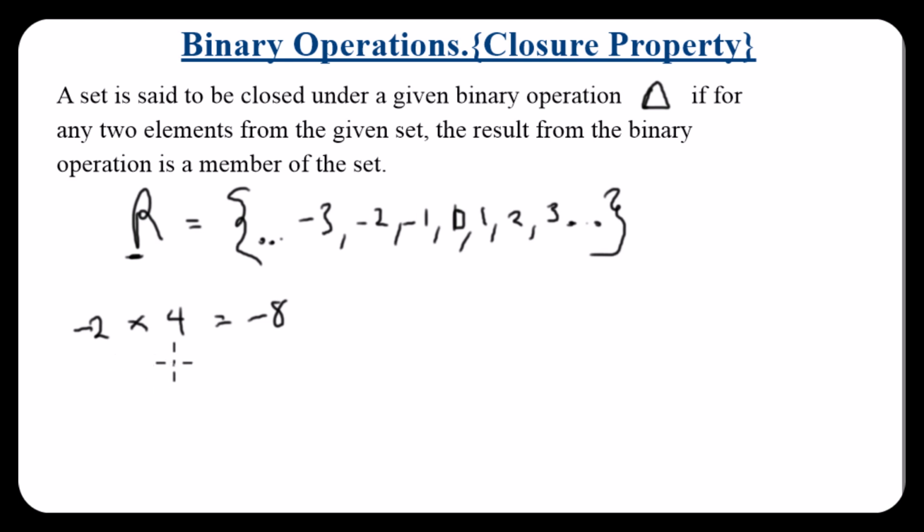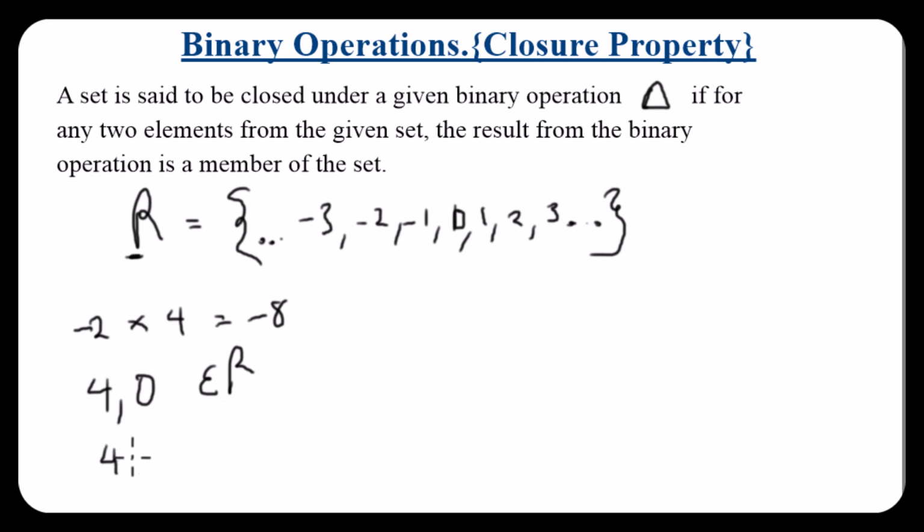All right, so what about division? For division, the set R won't be closed because there are some values for which R won't have an answer. So this time around we'll be changing our values. Let's say we have two members, 4 and 0, and we're told that 4 and 0 are elements of the real numbers.